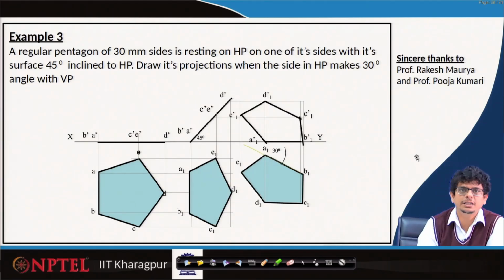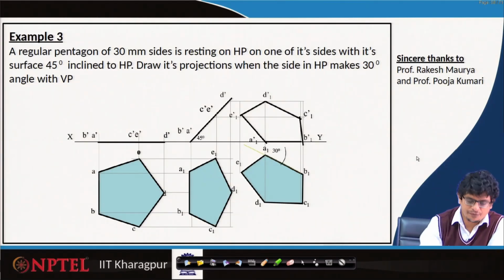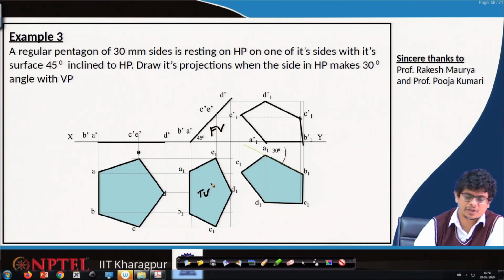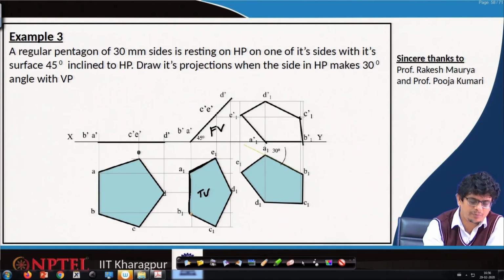After the 45 degrees rotation, we have constructed this front view and top view. Now, we are going to align one of the sides, it can be AE1 or it can be A1B1 side also.